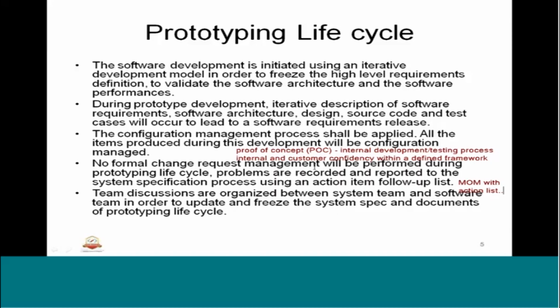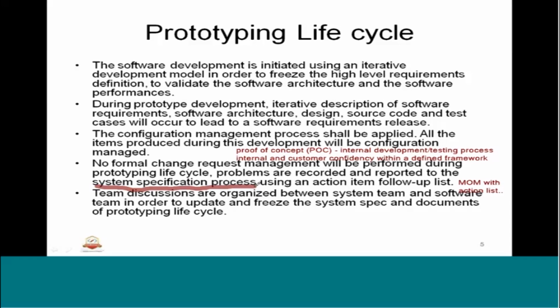As I said, during the development of the prototype, there could be some bugs or some revisit into the architecture or some feasibility updates. This needs to be reported. These are all part of the system specification, because we are not still done with the requirements. So it is very important that the specification is thorough and solid in the prototyping.